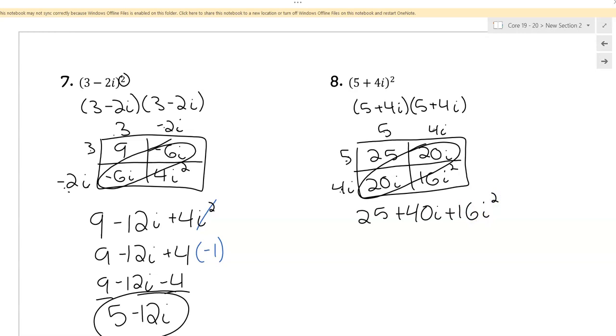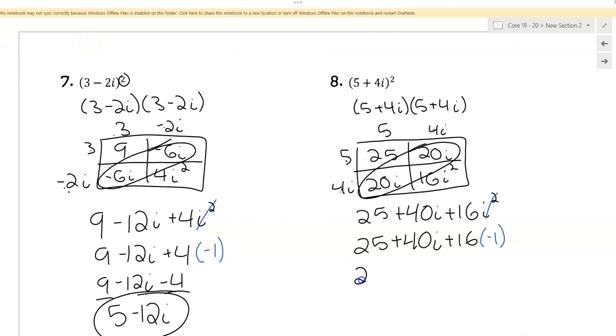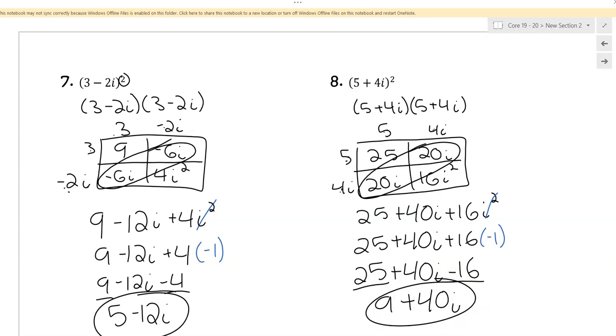Plus 16 i squared. Again, that i squared becomes negative 1. So we have 25 plus 40i minus 16. I can combine 25 and minus 16, which becomes 9 plus 40i. That was a little bit long of a tail there.